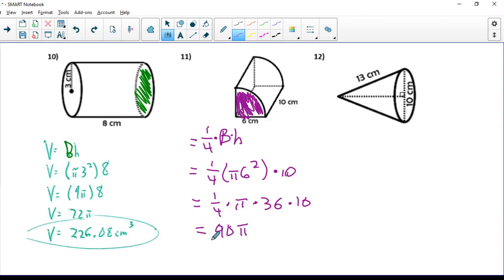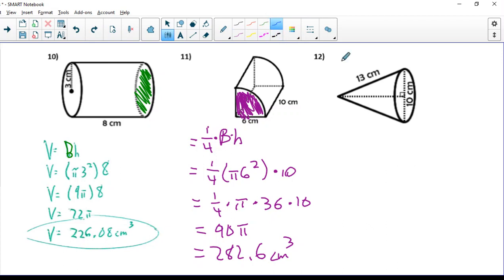And again, just use 3.14 for pi. This is going to give us 282.6 cubic centimeters. All right, so again, kind of boring here, I know, but let's just work through these examples. I'll try to do my best to be quick. I know it is very boring.